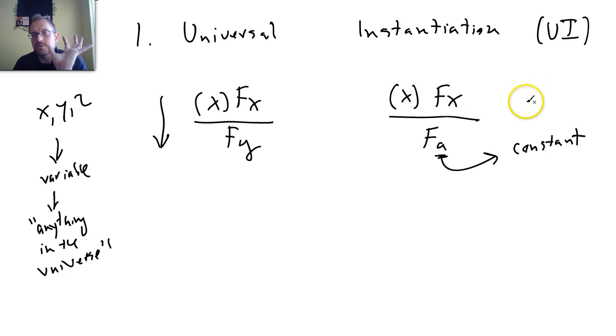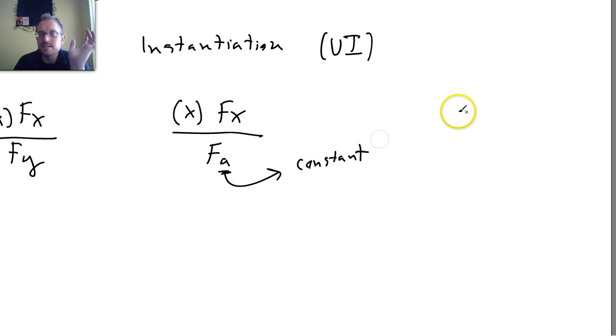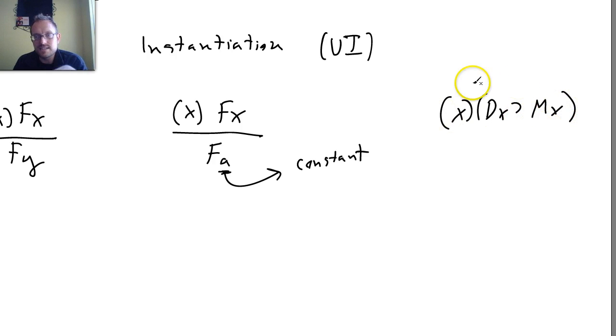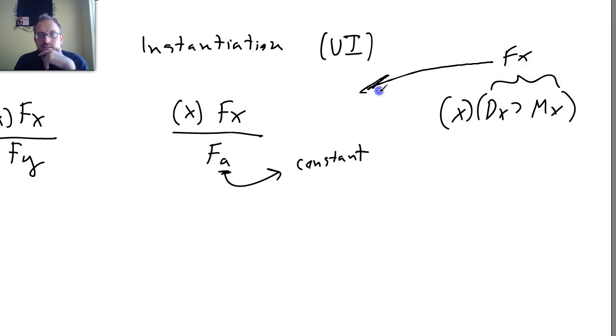Strictly speaking, we would write it a little bit differently: anything in the universe, if it's an x, if that x is a dog, then that x is a mammal. But this whole thing here is a statement function, so this is our fx, in relation to this definition here.